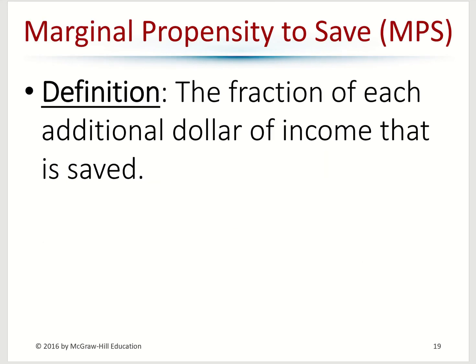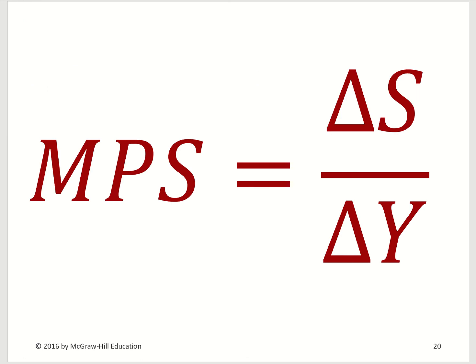And then on the other side, there is something called the MPS. MPS is your marginal propensity to save. So whatever money you don't spend, you must keep somewhere else, to save it, and that is called the MPS. The formula is also very simple. It's your change in saving, so S stands for saving, divided by change in income.